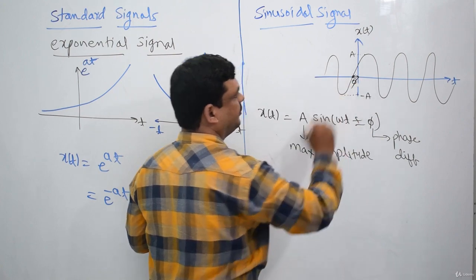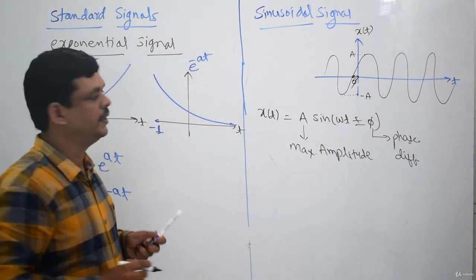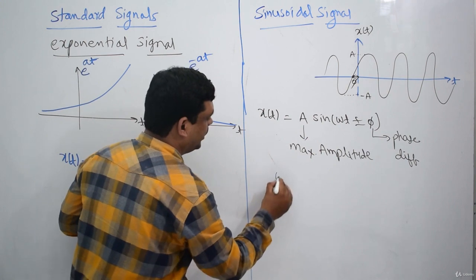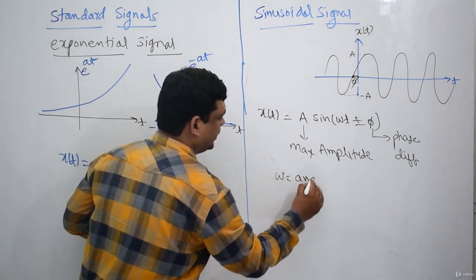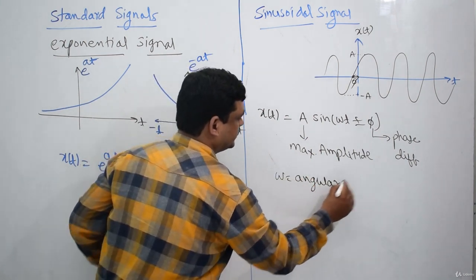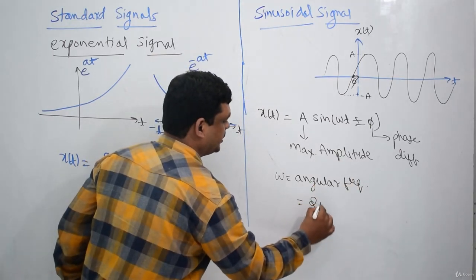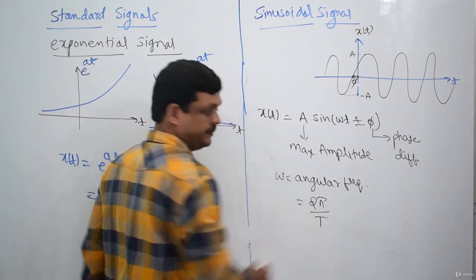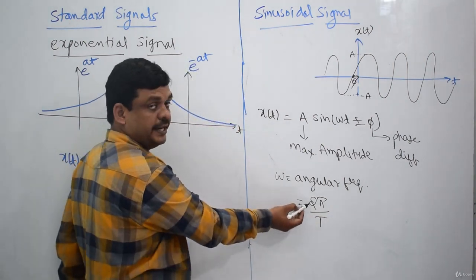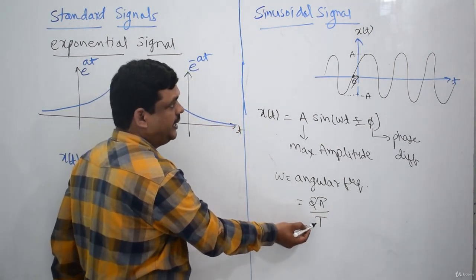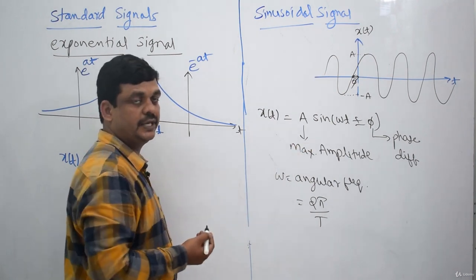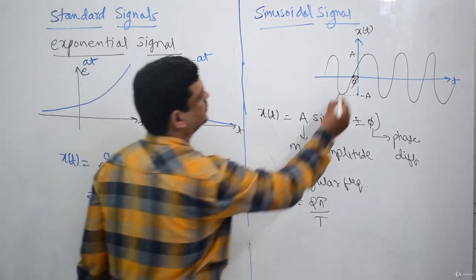This gap is called phase difference phi, right? And omega explains the angular frequency. The standard representation is 2 pi by T. 2 pi is an angle in radians, and T explains the time period of the signal.